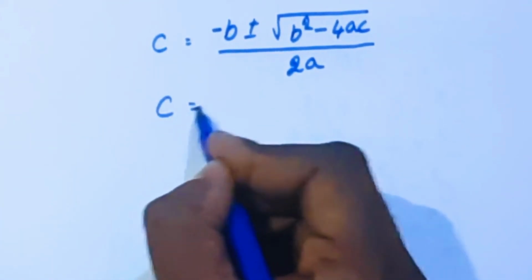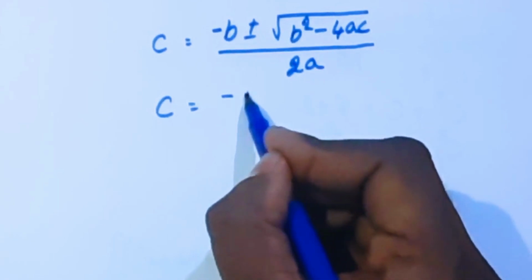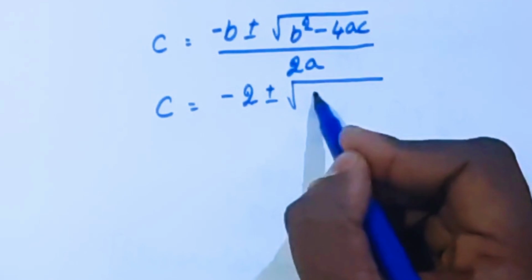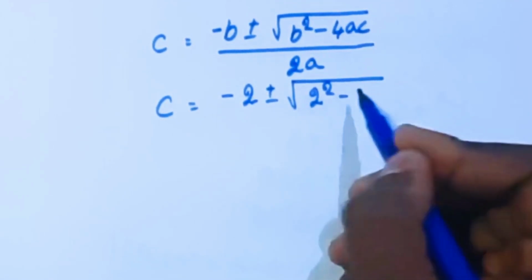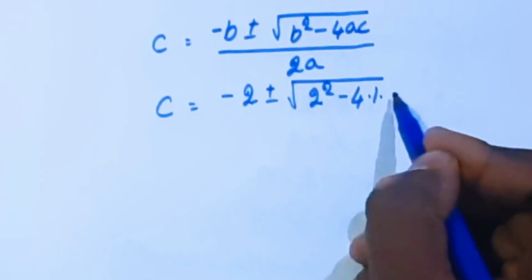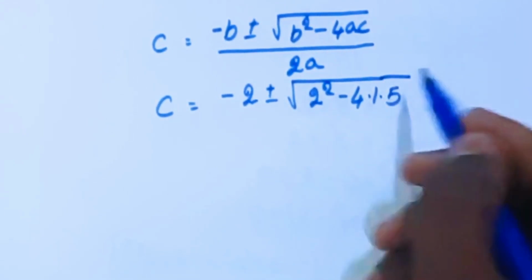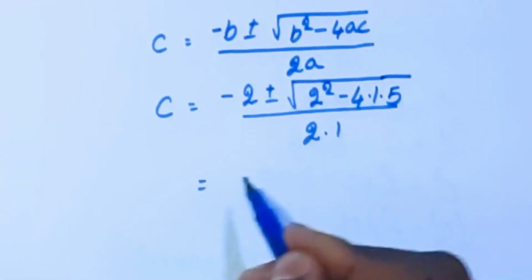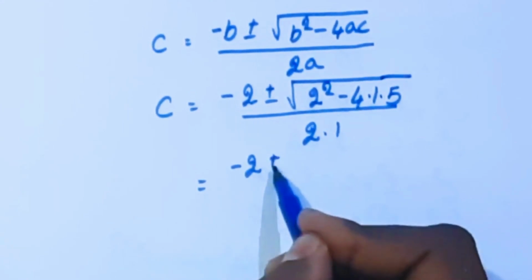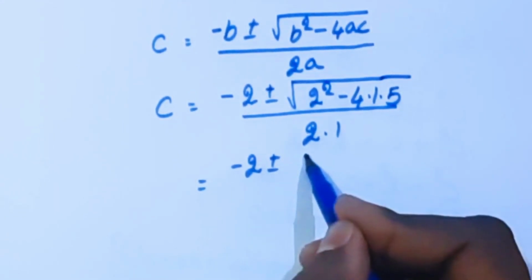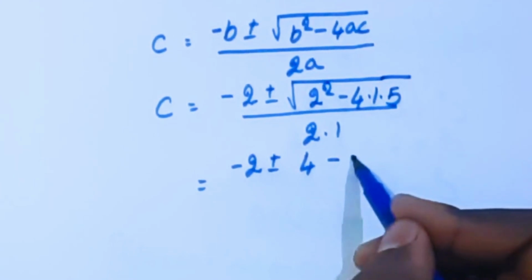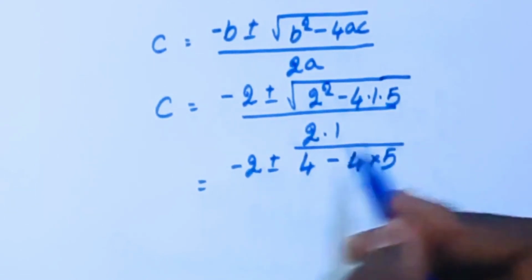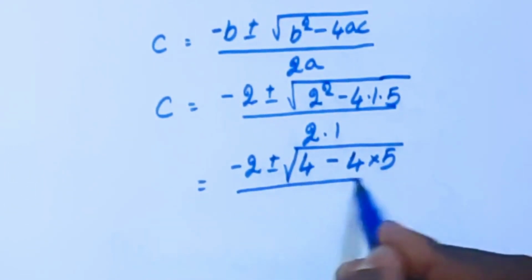So c equal to minus 2 plus or minus square root of 2 square minus 4 times 1 times c here is 5, by 2 times 1. Here minus 2 plus or minus 2 square is 4 minus 4 times this is 5 in square root by 2.